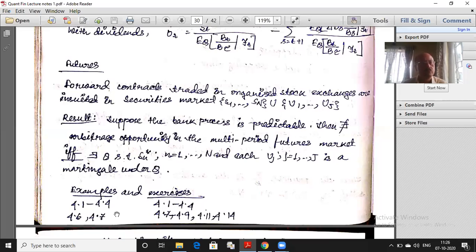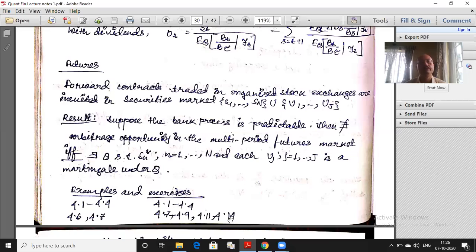So from chapter 4, the examples that I want you to study are 4.1 up to 4.4, 4.6 and 4.7. You can see them at the bottom of the screen here. And the exercises I want you to do are 4.1 to 4.4, 4.7 to 4.9, and 4.11, 4.14.